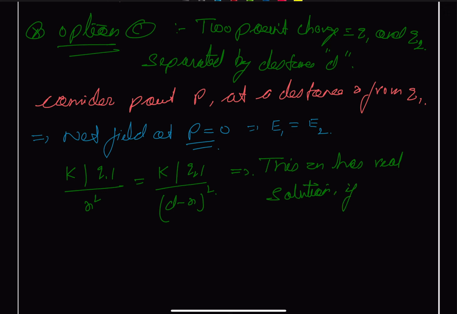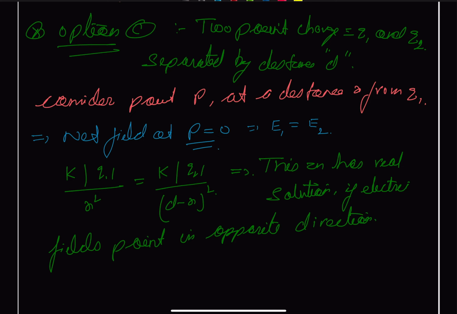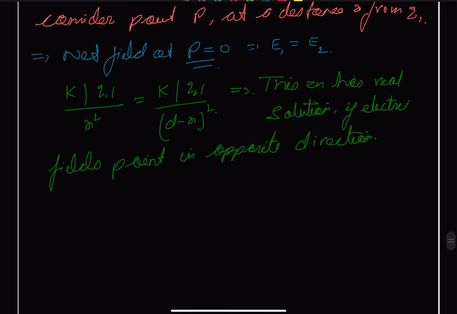So this equation has a real solution if the electric fields point in opposite directions. Basically the electric field should be in opposite directions, so one should be like this and the other in this direction.